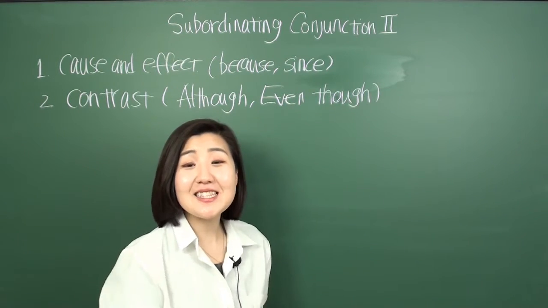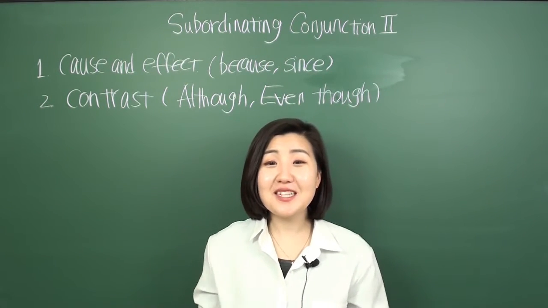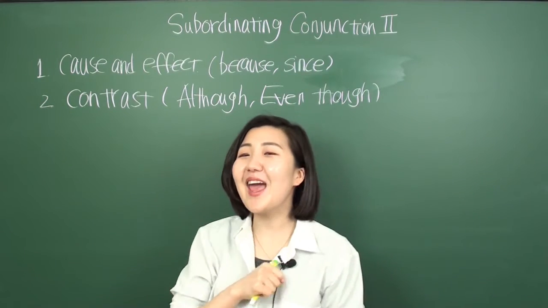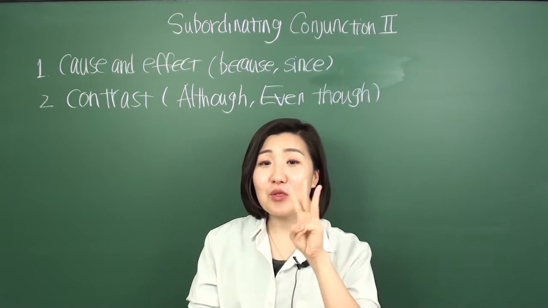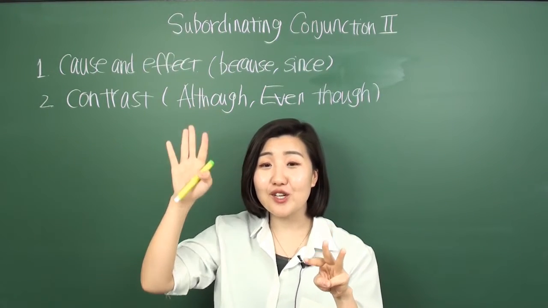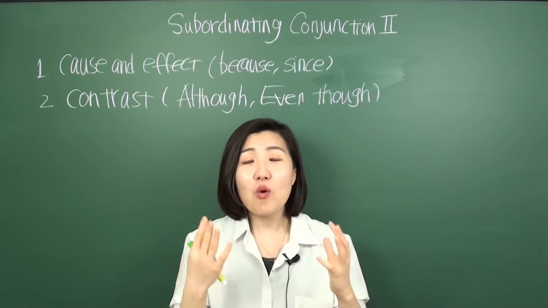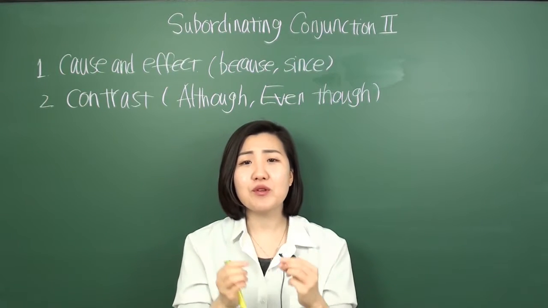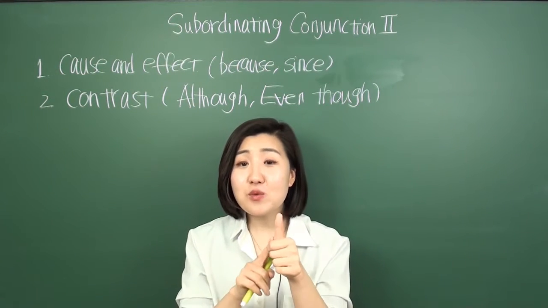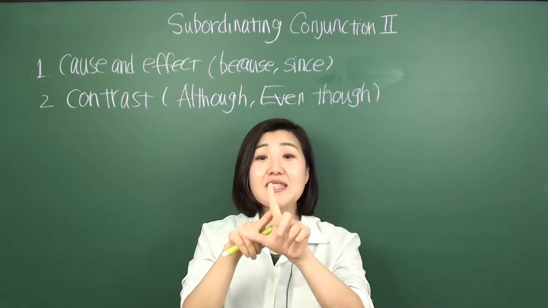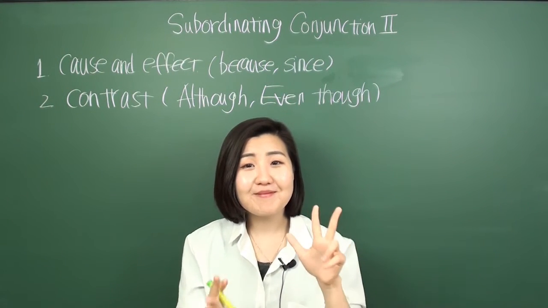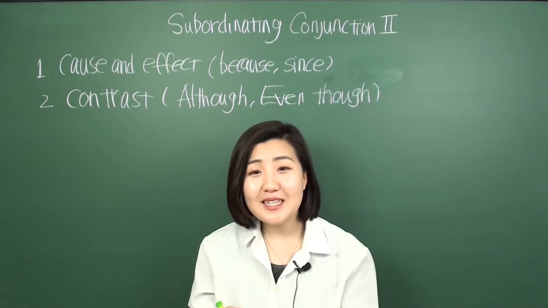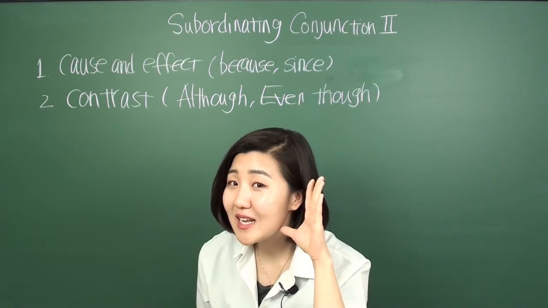Okay, and the third one is something that we're going to learn newly today. Yay! So what is that? I will tell you 3 subordinating conjunctions. Tell me what kind of group we should put them in. The first one is when. The second one is after, and the third one is before. All of them are related to, what is it?